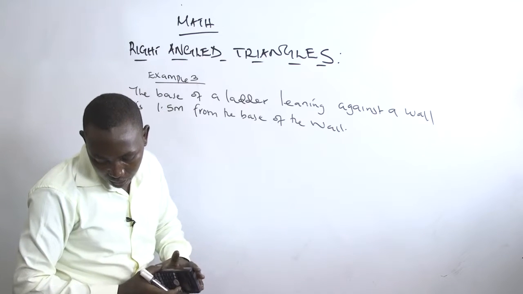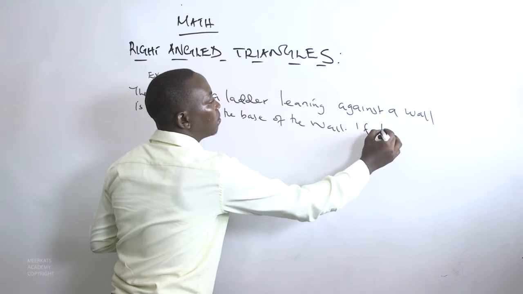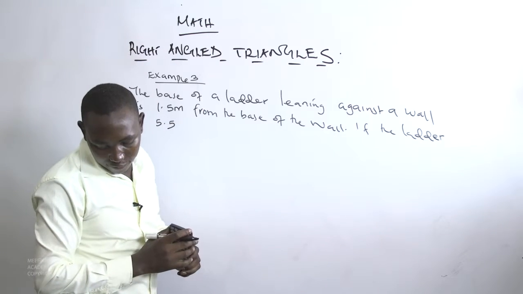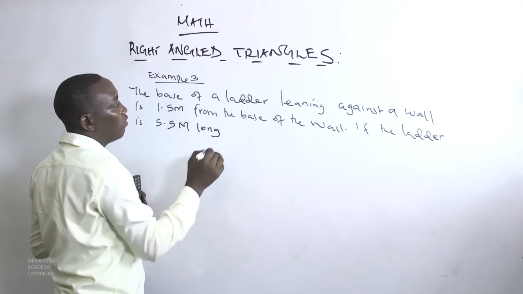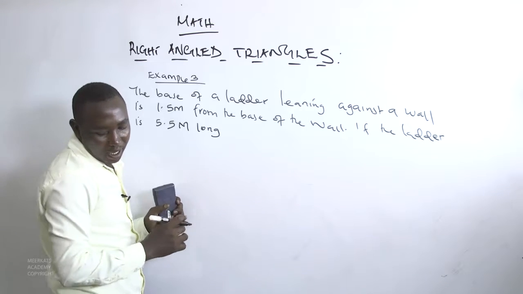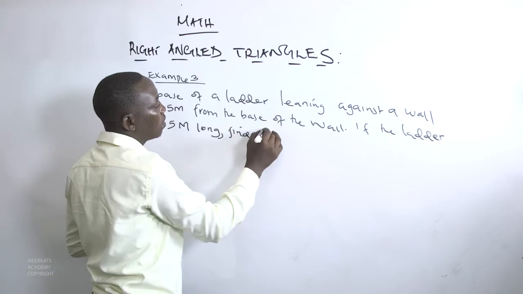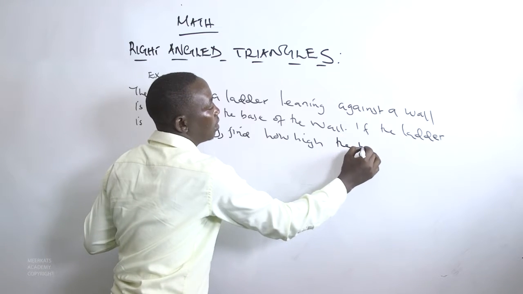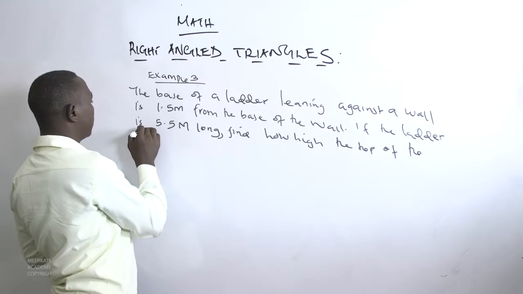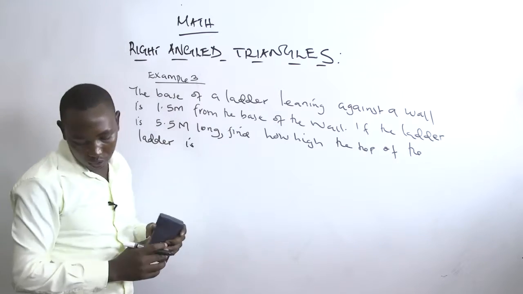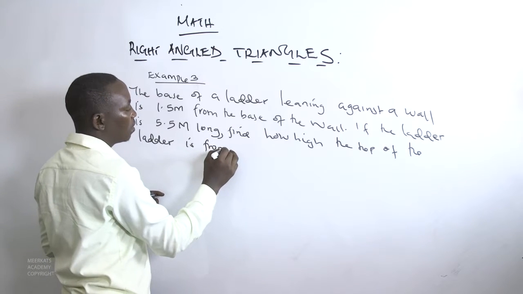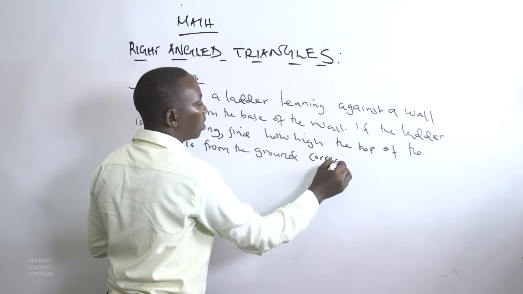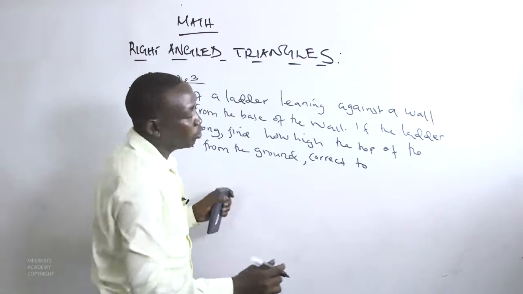If the ladder is 5.5 meters long, find how high the top of the ladder is from the ground, and express your answer correct to 1 decimal place.